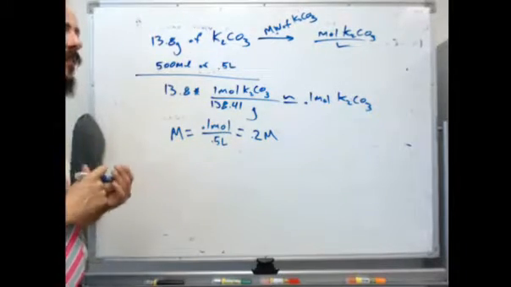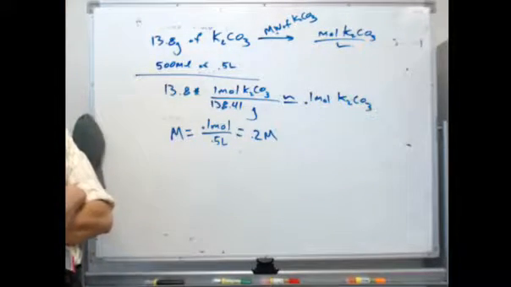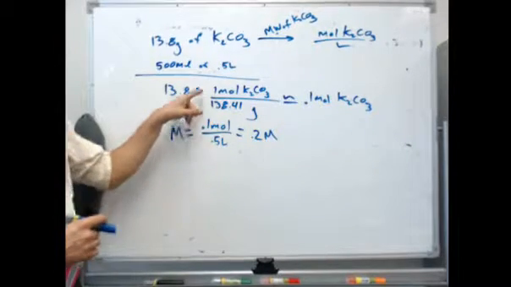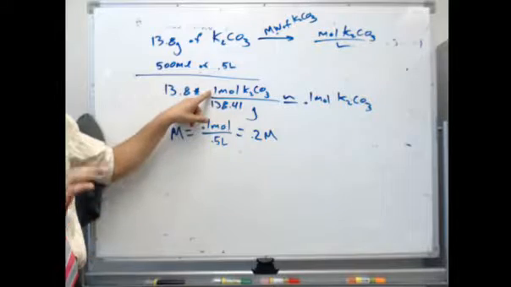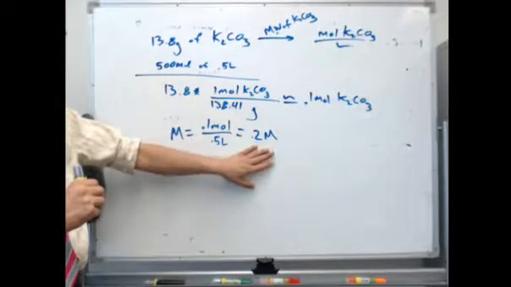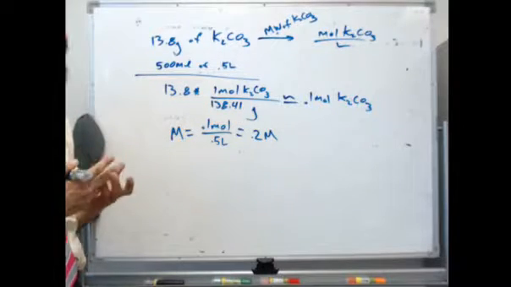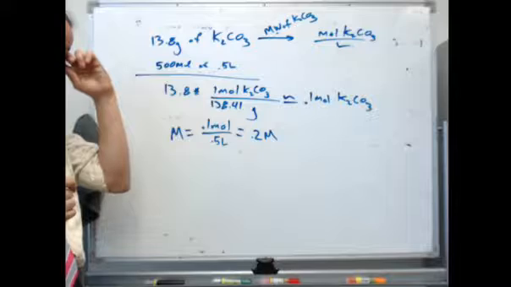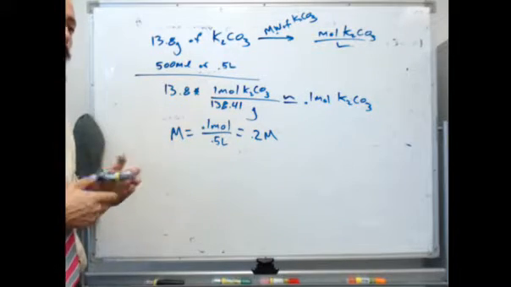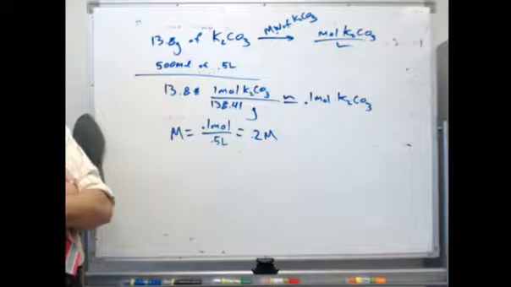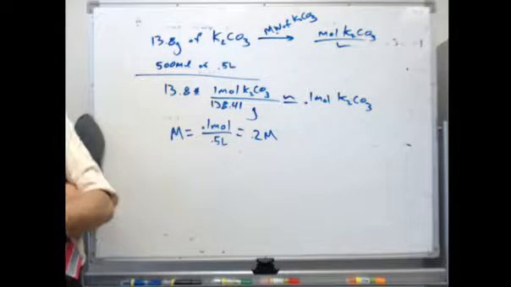Notice as well, this is another idea that we talked about back when we did the absorption lab. When I'm talking about molarity, I'm only talking about the molarity of a particular component in solution. So this is the molarity of potassium carbonate in solution, not of anything else. If you had 2 different compounds in the solution, would you have to find the molarity of each individual?